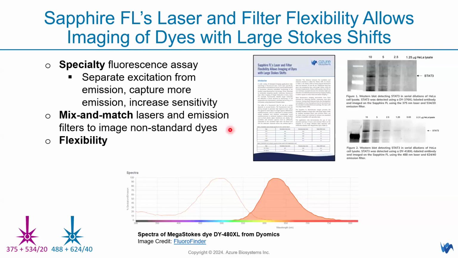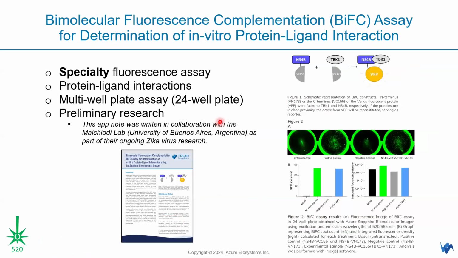This can only be done by an uncoupled laser scanning system, and one of them is Sapphire FL. And of course, one of our laboratories in academia has an ongoing Zika virus study, with a bimolecular fluorescence complementation BiFC assay in determination of in vitro protein ligand interactions.